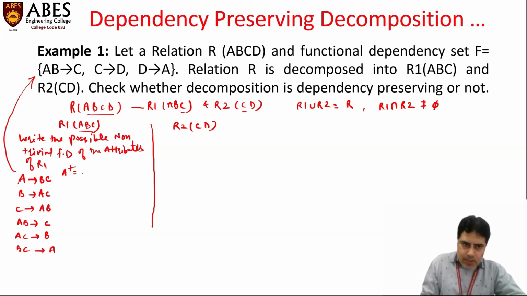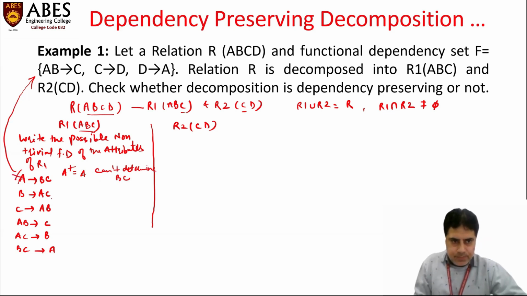From A, we can determine A, and then we cannot determine anything else. So A cannot determine BC. So this dependency cannot hold.